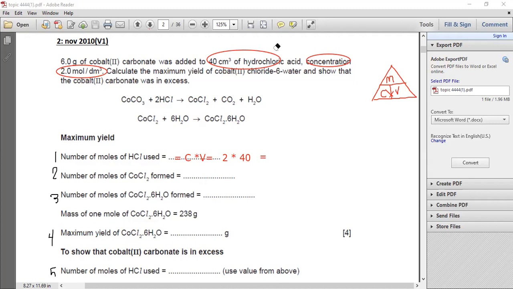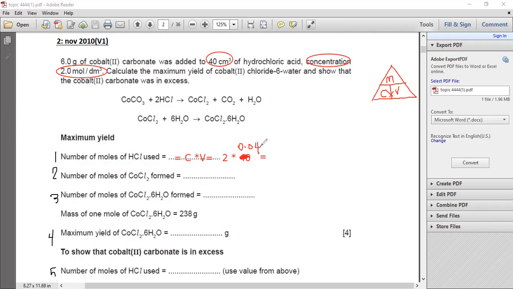Look here. 40 cubic centimeter. No, you must convert it into cubic decimeter. Okay? So I will convert 40 into cubic decimeter. Not 40. 40 divided by 1000, it will be 0.04. So here, 0.04.